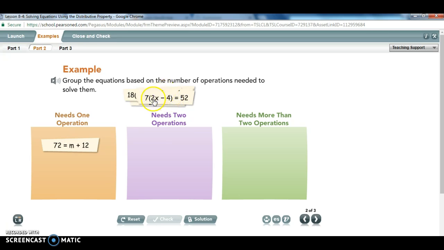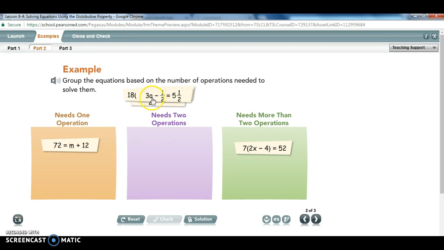And I know that I will also have to divide, since 7 times 2 is 14, so you'll end up with 14x. So 14 times x, I'm going to have to divide by x. So this is a multiple step problem that involves more than 2 operations.